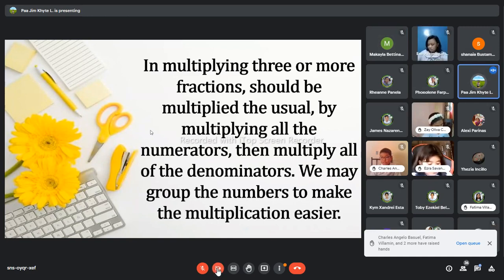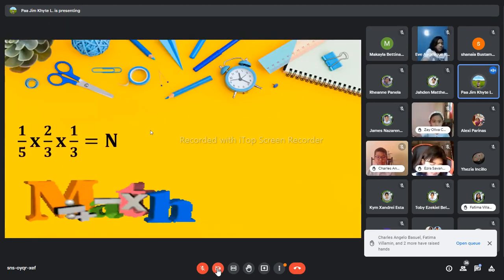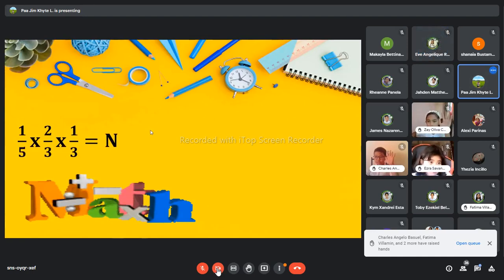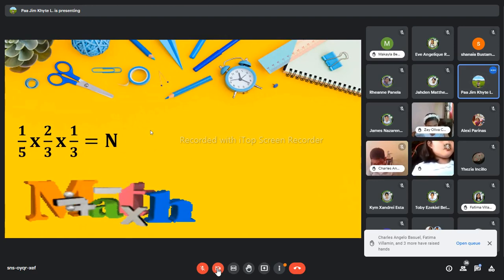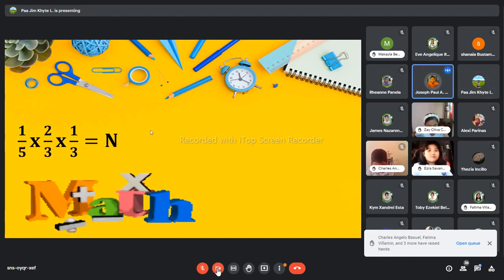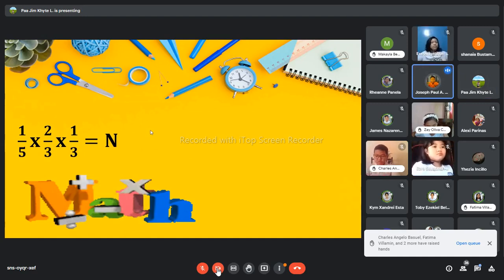That's right. In multiplying three or more fractions, it's just the same, which is what we're doing: grouping the numerators and the denominators. So kindly read our equation. Let's see. Joseph. Joseph, are you there? 1/5 times 2/3 times 1/3 equals n.